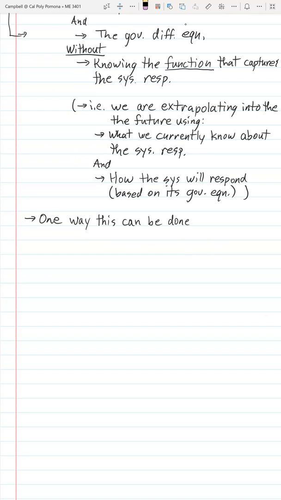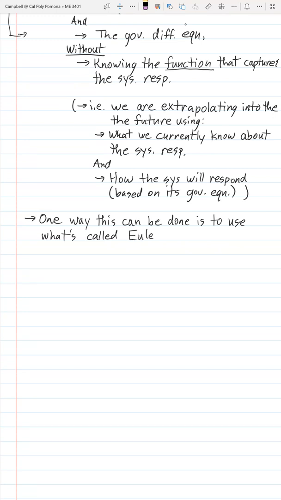So we can use what's called Euler's method to do exactly that.